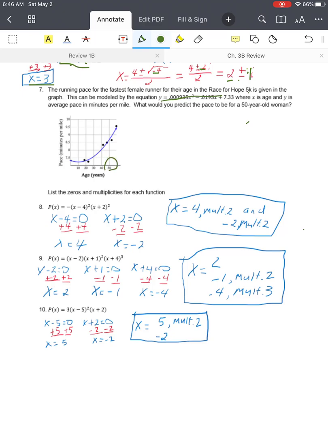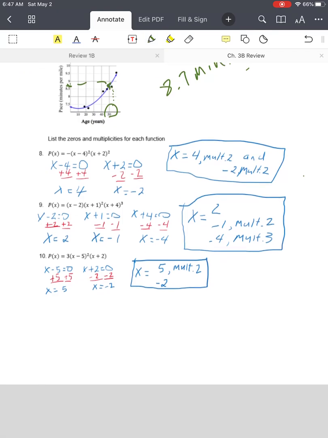There's 50 years old, and go straight up to that point, and then go straight over, about right in there. What is that? About 8.7 minutes per mile, approximately 8.7 minutes, roughly. You're just estimating. All right, moving along.